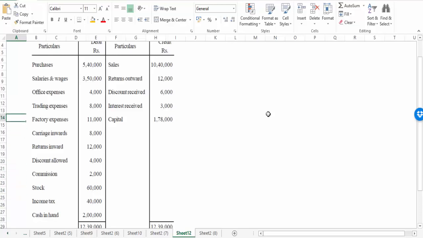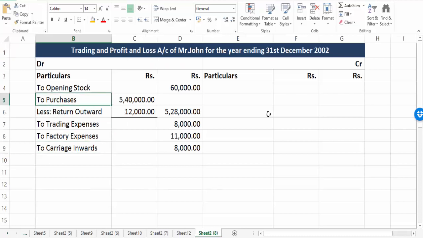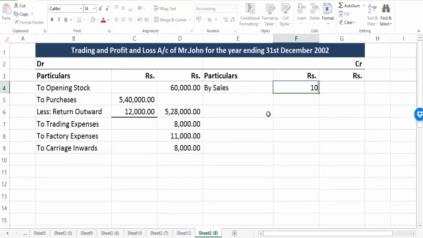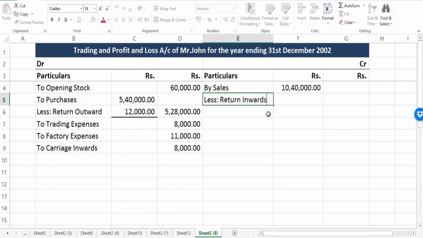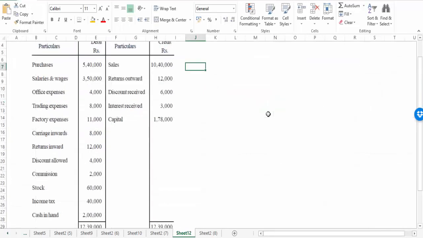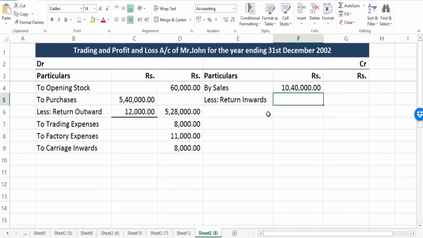So going to credit side, we have sales of 10,40,000. Let's capture by sales, which is 10,40,000, less return inwards. Return inwards we have here 12,000, right? So it is same like this, 12,000.